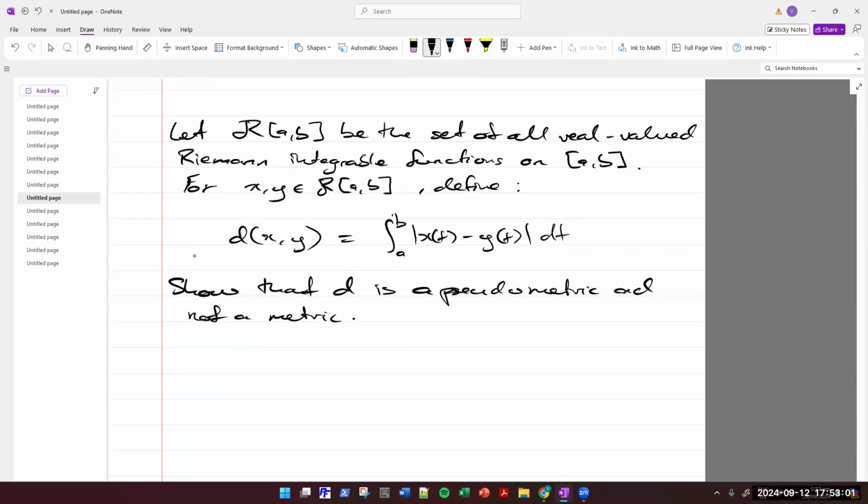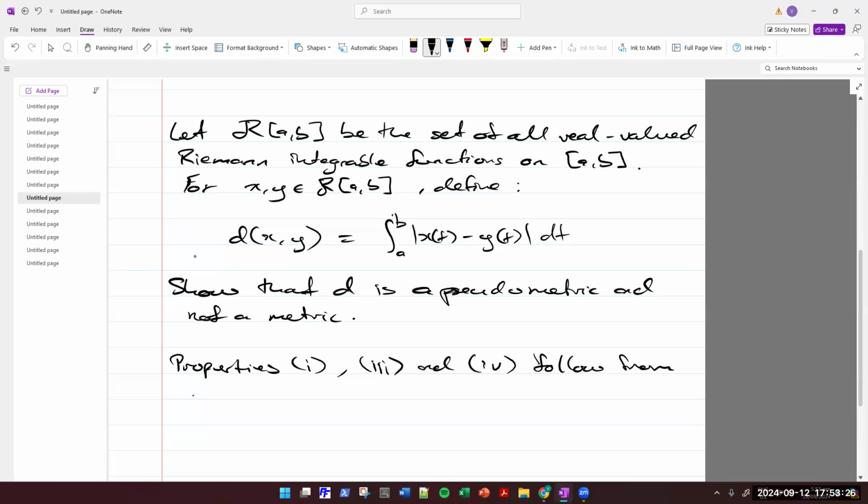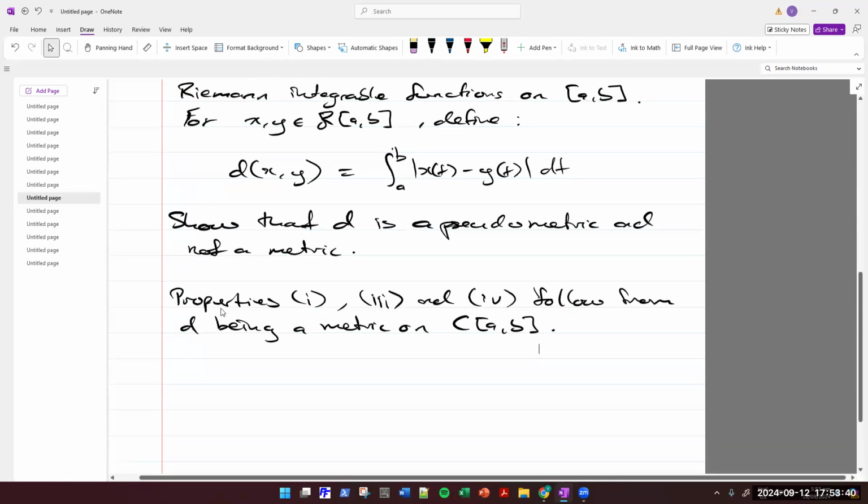Properties 1, 3 and 4 follow from D being a metric on the set of continuous functions between a and b. So the proof of that is the same. The problem is the second one.